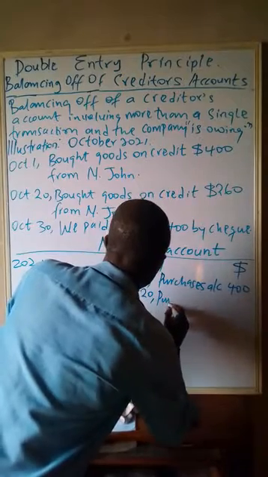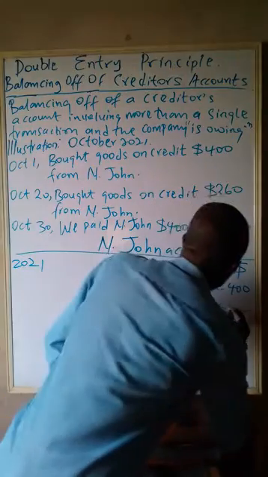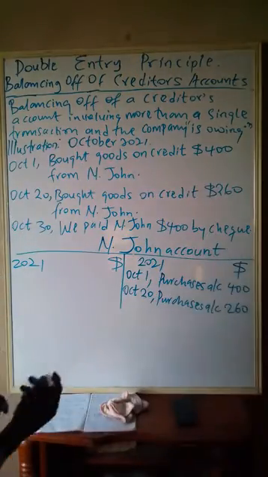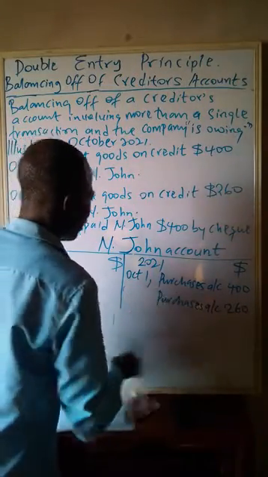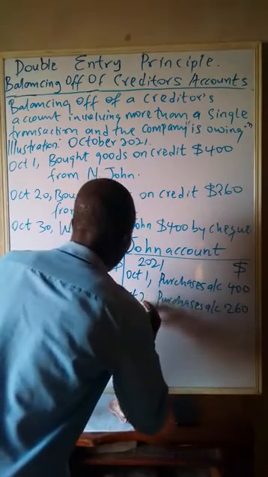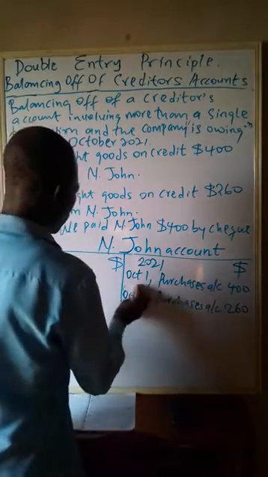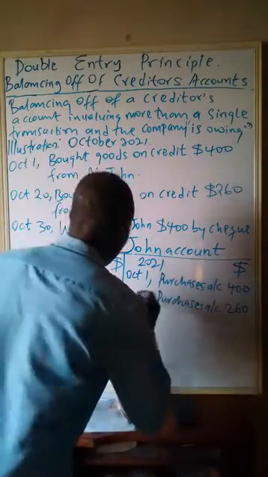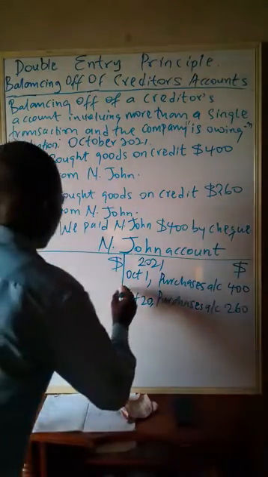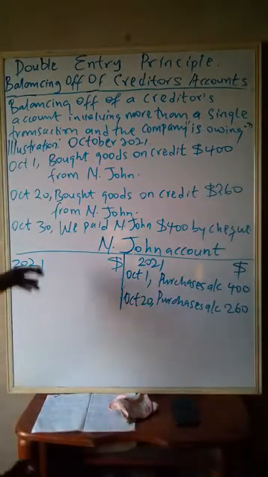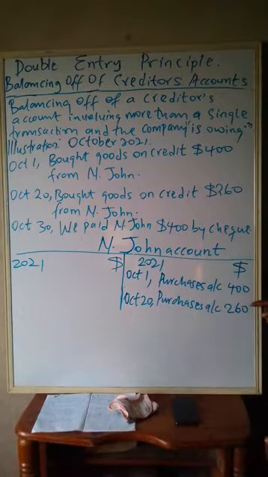So we increase liability accounts on the credit side, 400 and 260.